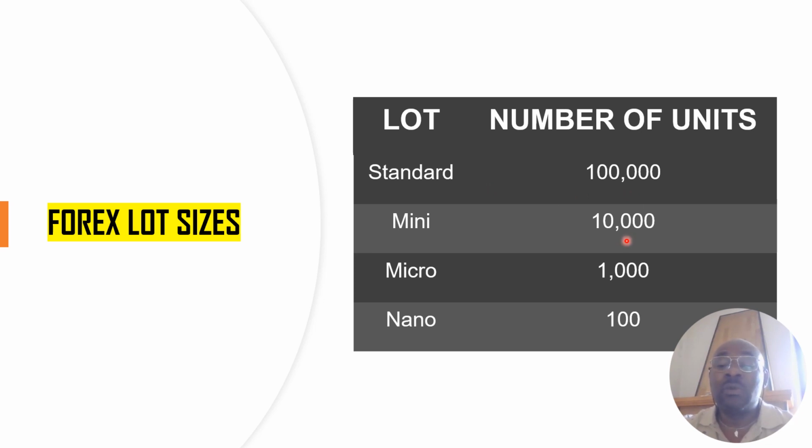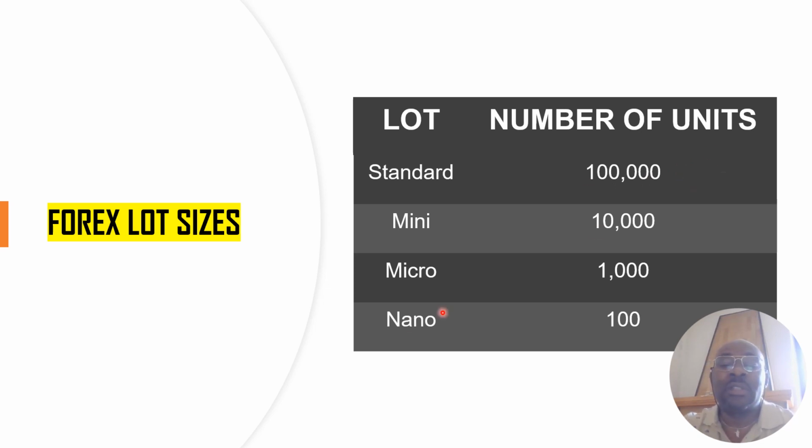Once we get to that level of leverage, I will teach it so we understand. So we have lots, the number of units. When you have a standard, that means 100,000, meaning in the financial market you have $100,000, euro, or whatever in your own account.